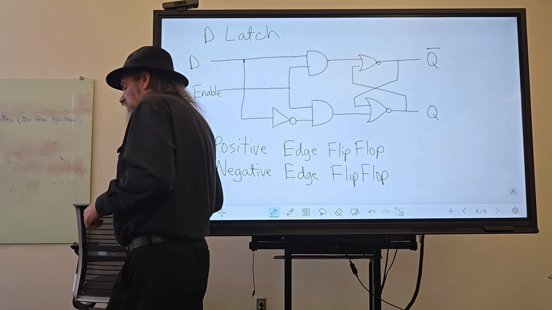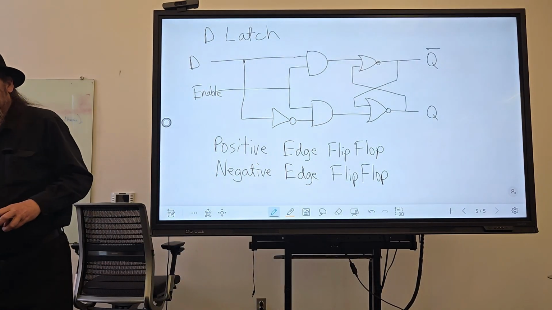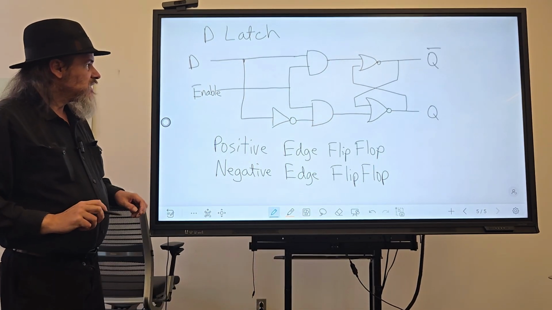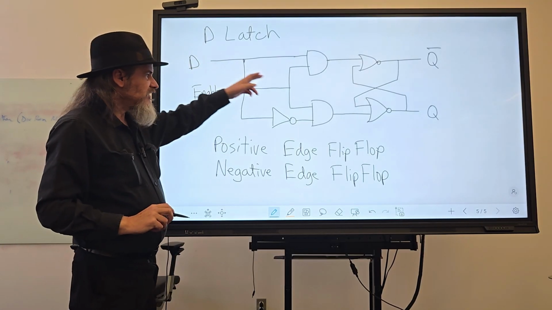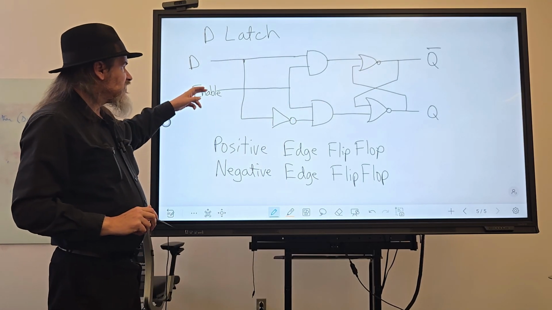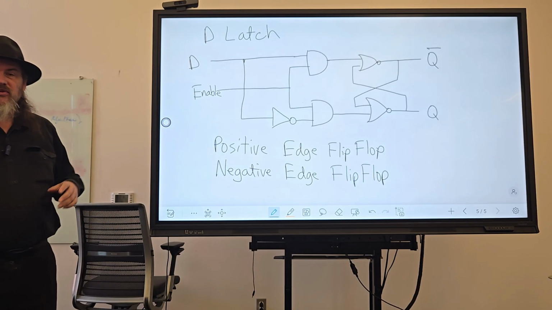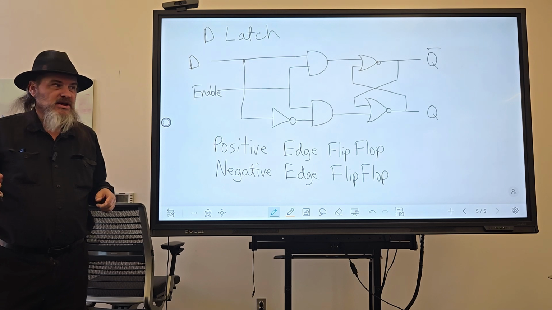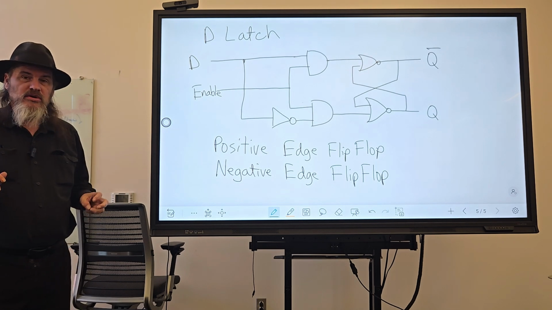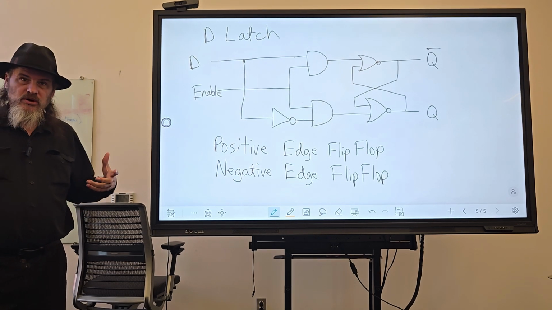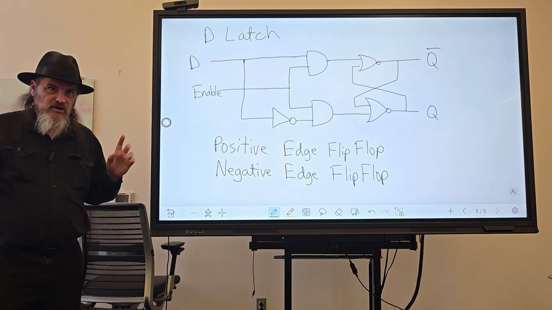The positive edge will take a snapshot of D and pass it to Q at the rising edge of the clock. The schematic for that is a little bit complicated. I don't know if I'd be able to put it on this board very clearly, so I won't even bother. You won't be tested on it.